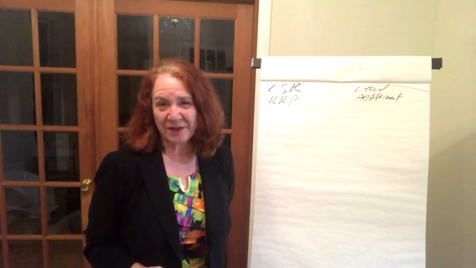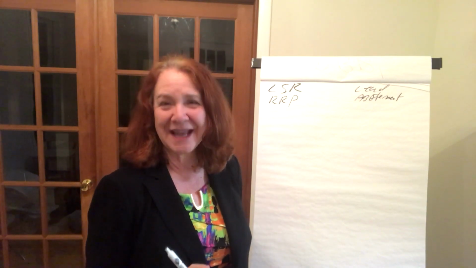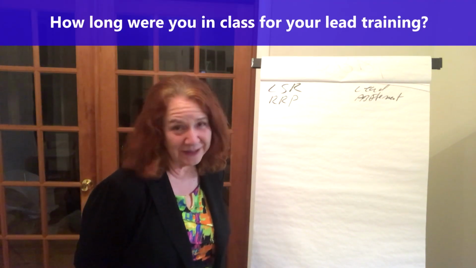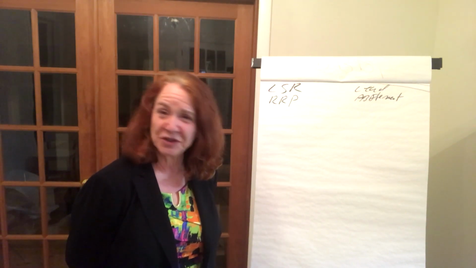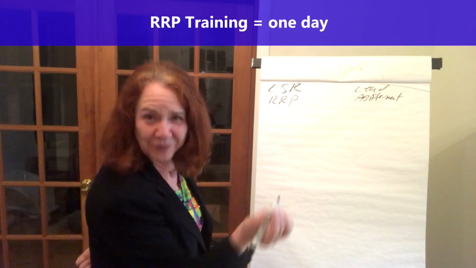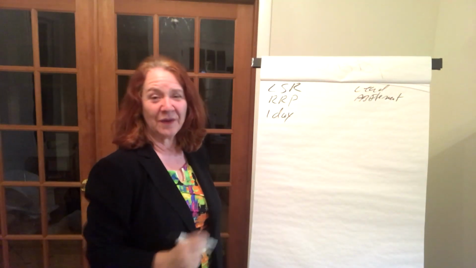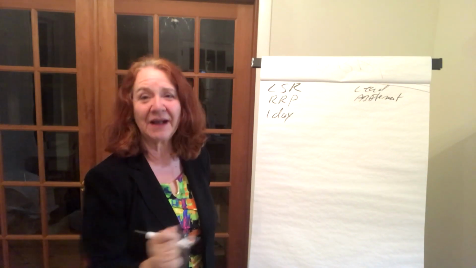If you want to check which certification your contractor has, here's a really quick, easy way to find out. Ask them, how long were you in class for your lead training? If it was Renovate, Repair, and Paint, a federal training for general renovation, they were in class for 1 day. One 8-hour class where they took a test at the end of the day and got their certification.